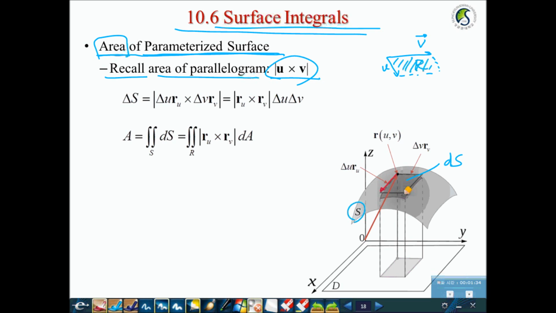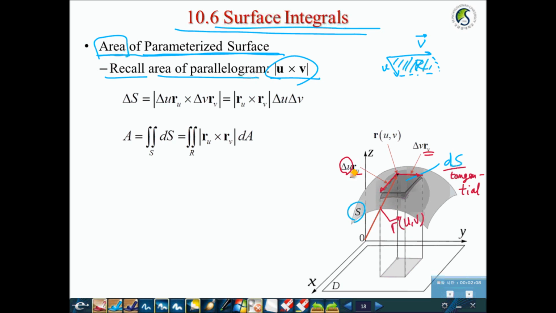This is tangential to the tangent plane to the surface, and that's the direction of r sub u. This is r of uv, a position vector. This is the u axis direction, and let's say this one is the v axis direction.